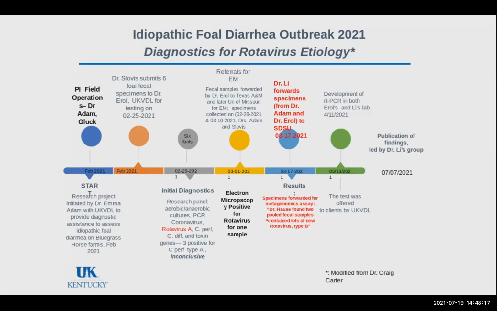The test was then offered to clients by our lab. Finally, the findings were published by the Dr. Lee group, a very elegantly written paper published in the journal, as he mentioned.